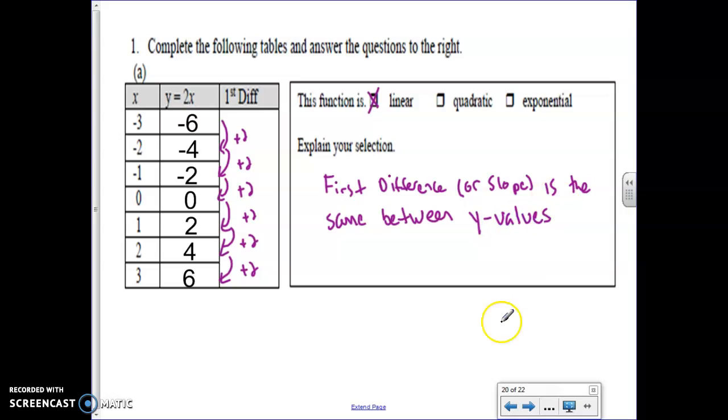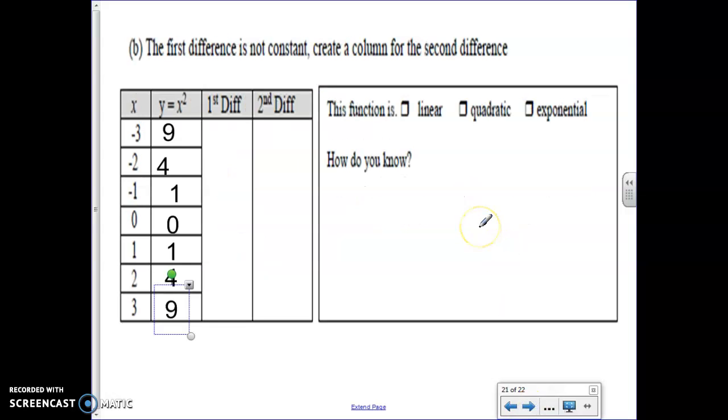Okay? Now if I look at this other set of points, we already know it's a quadratic, but let's look at what's happening here. Looks like right here, I'm subtracting 5. And then I'm subtracting 3. Then I'm subtracting 1. Then I'm adding 1. Then I'm going to add 3. And then I'm adding 5. So you can notice that for the first difference, there's nothing similar at all between these. Well, let's look at the second difference then.